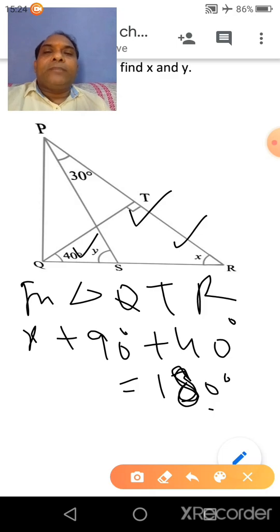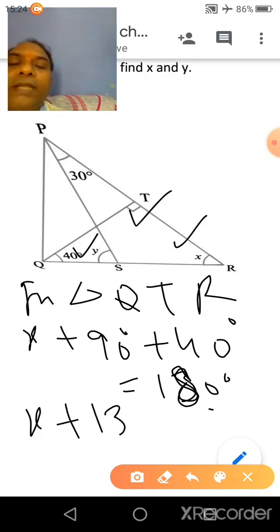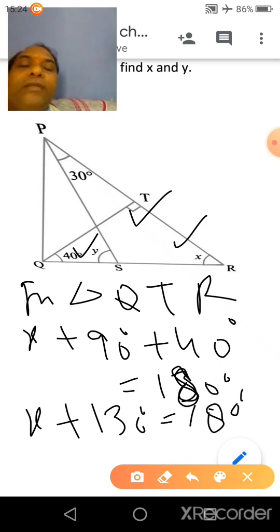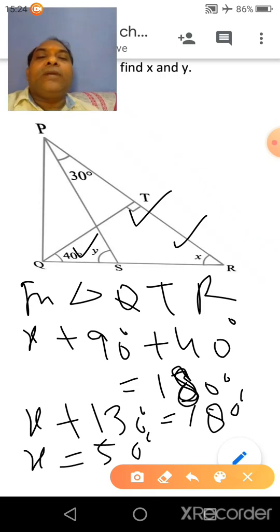According to angle sum property of a triangle, sum of all interior angles is equal to 180 degree. So x plus 130 degree is equal to 180 degree, you can write. So x will be equal to 50 degree. So x is equal to 50 degree. Clear?